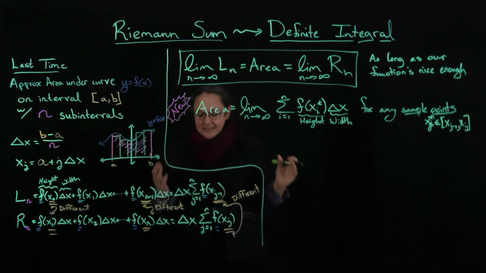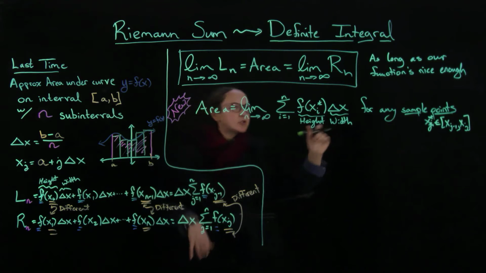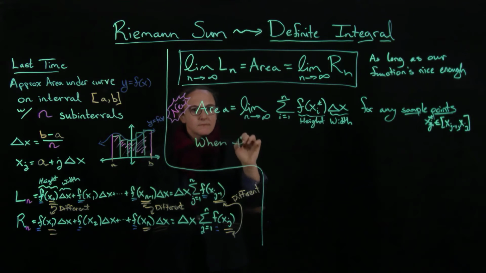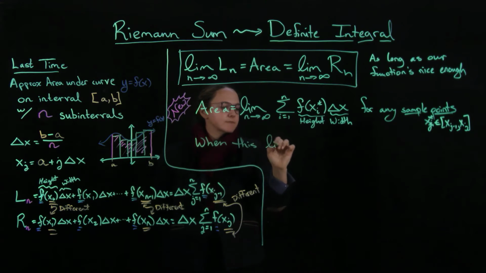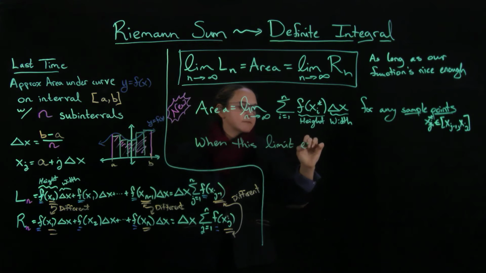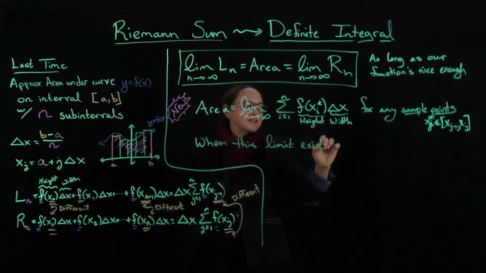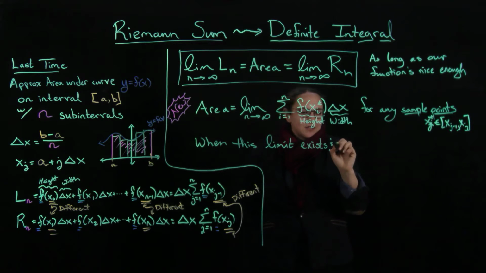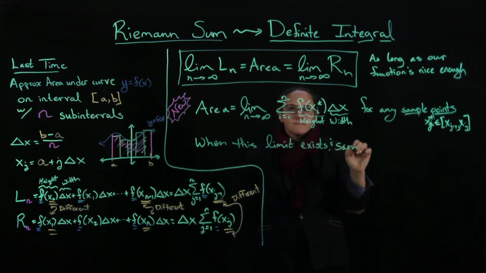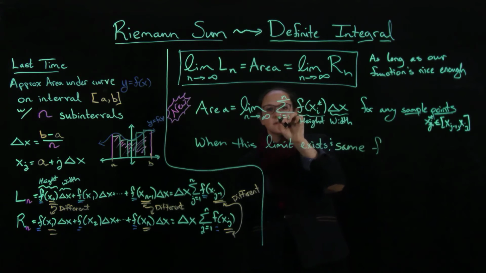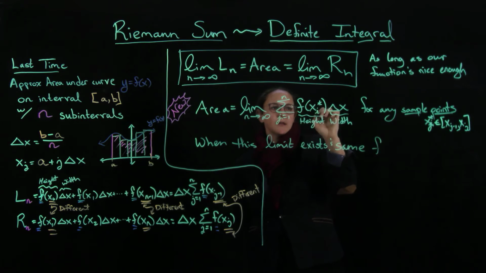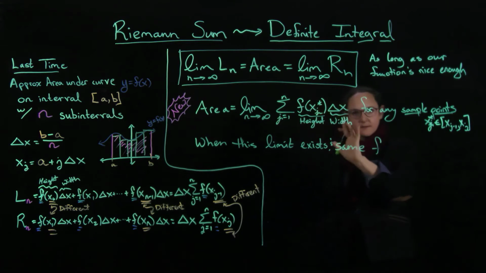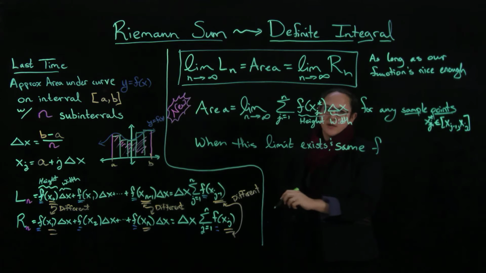And when this limit exists and is the same for all choices of xj star, oops, let's consistently make this j. I don't like using i's for indices because it's in complex numbers. It's a real thing. It's the square root of minus 1.